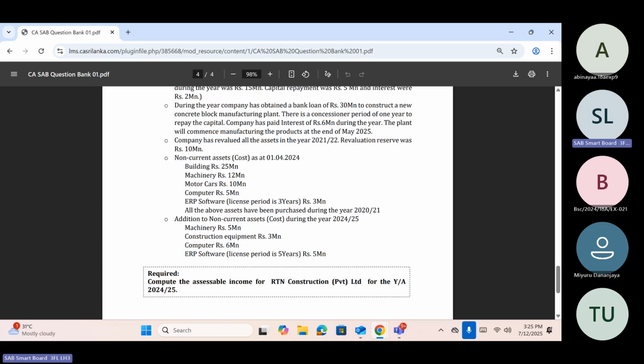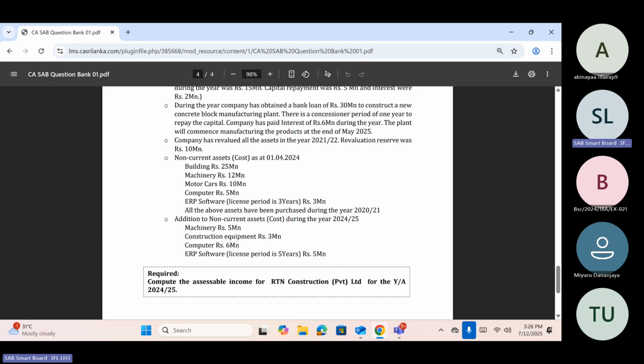Computer, 5 million. That's also 5 years. 1 million. ERP, 3 million.